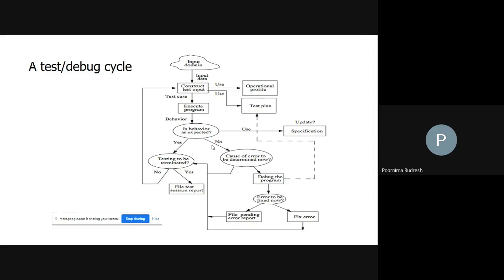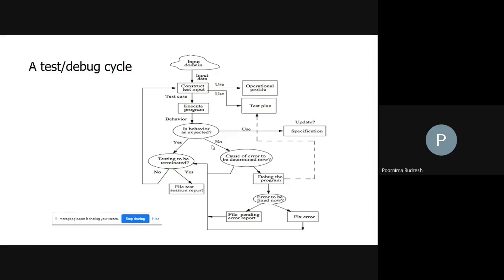Understood how the assessing is done? The assessing is done in two steps: the tester observes the behavior of the program, and then analyzes the observed behavior, and that is called the oracle.